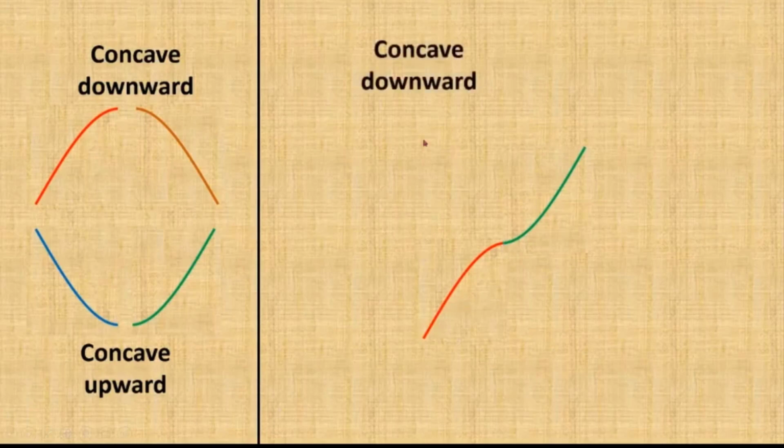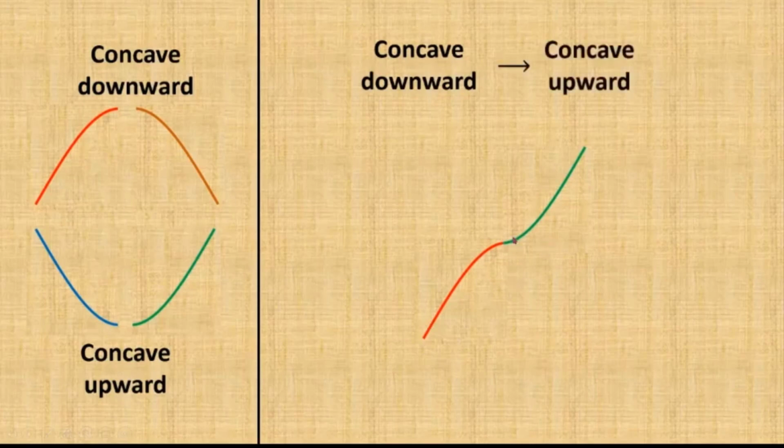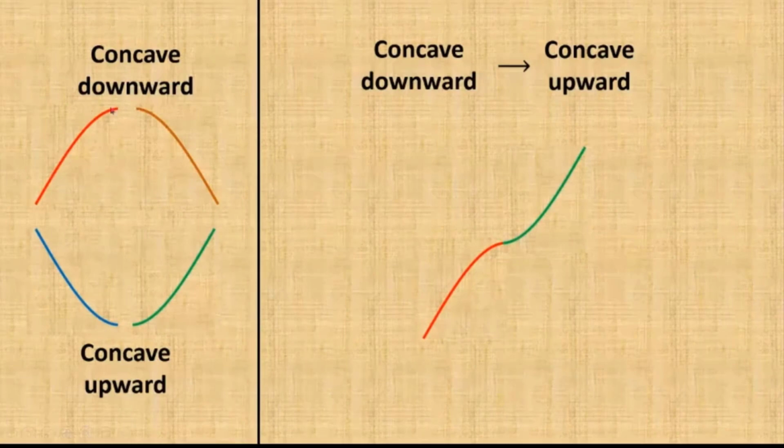So this is concave downward changing to concave upward, and the point of connection is here. When they do the connection here, this is the stationary point, yes or not? Because when you turn the U shape, this is a stationary point.